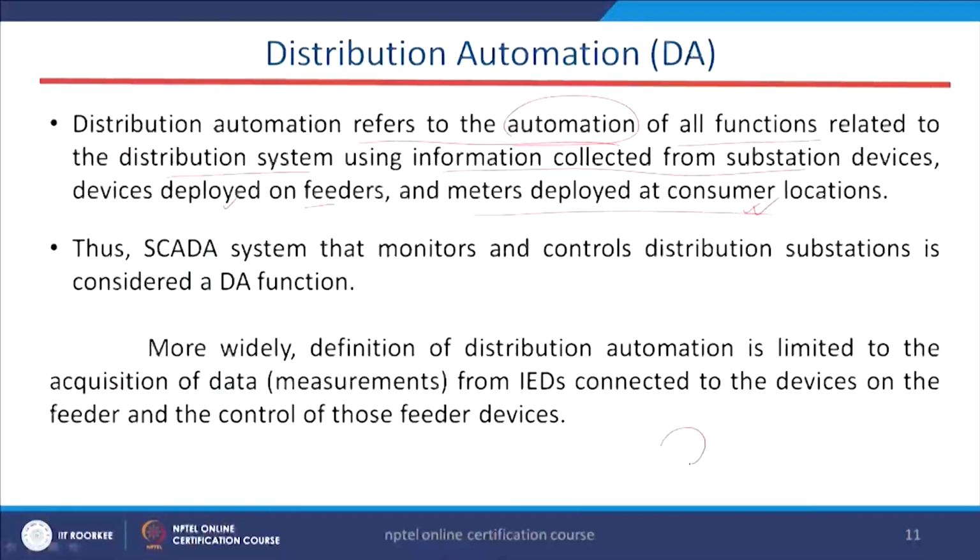For example, we have one feeder. If it is a substation and we have, let us say, 4 buses, and this is a feeder and these are the loads. If any fault is incepted, let us say a one line to ground fault in this section of the feeder, then we have protective relays to protect every section.